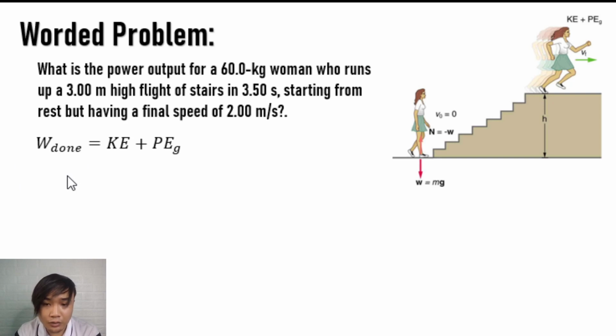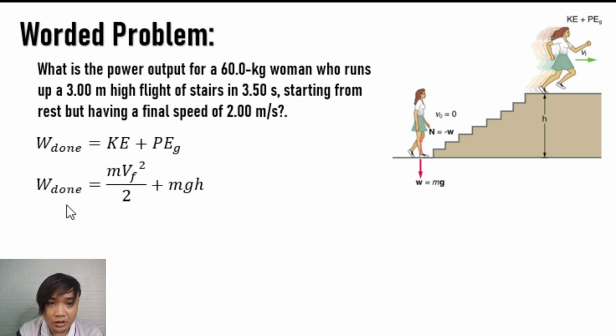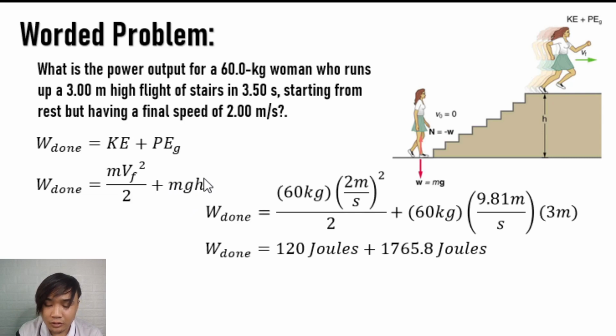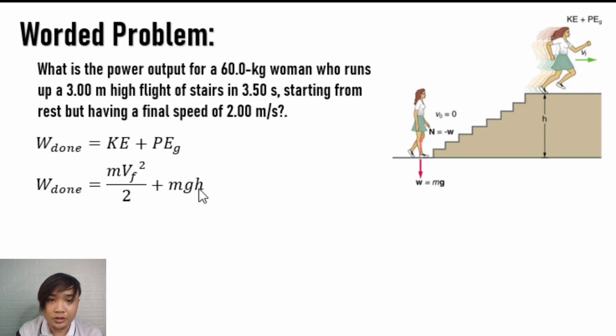First, compute muna natin yung work done ng babae. So, work done is equal to kinetic energy plus gravitational potential energy. So, work done is equal to, yung formula natin, mass times final velocity squared over 2 plus mgh potential energy. So, substitute natin mga values.